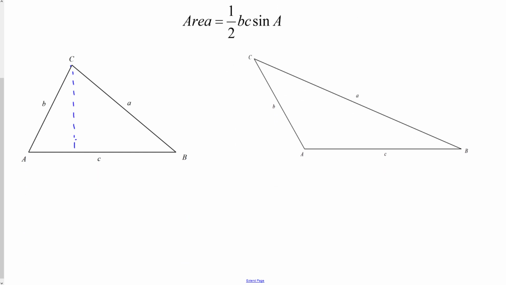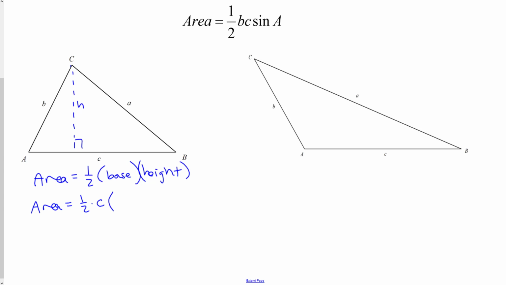So if we draw the height of the triangle, we can say here that the area we know to be 1/2 of the base times the height. Now, in this particular triangle, I have the base as C. So the area is 1/2 C times something.